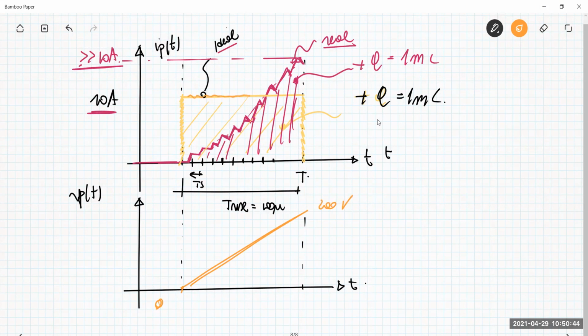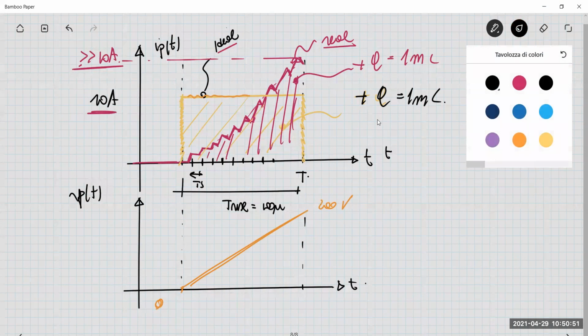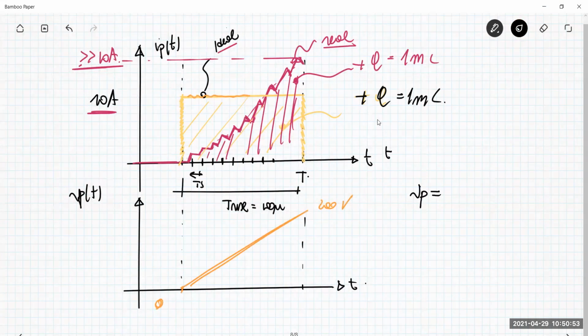If we have the red expression of the current, the behavior is what? VP is CP dIP over dT. So I have to take into consideration the rate of change of the current, which now is the red one, and is totally different. And if you make some computation, you can see that the behavior is something like this.